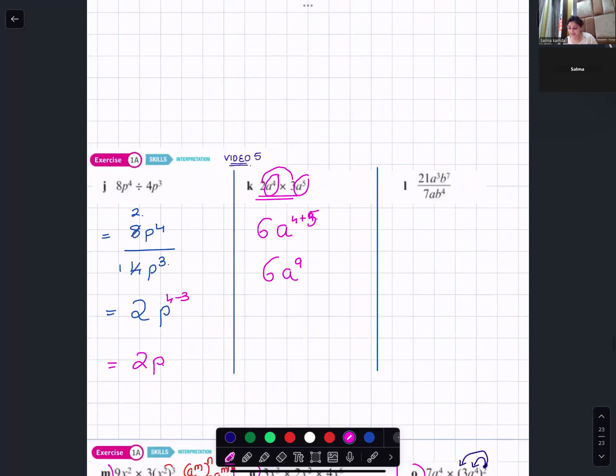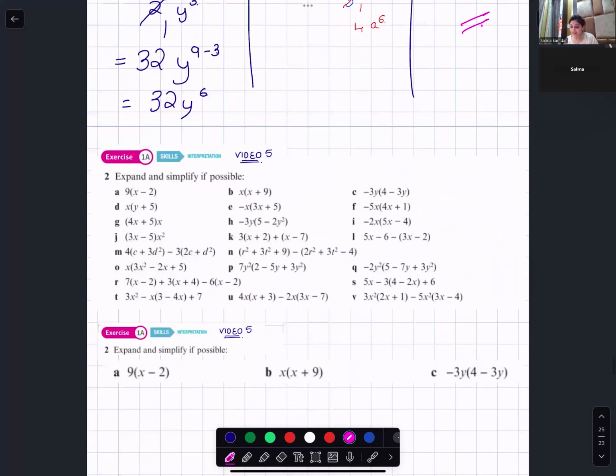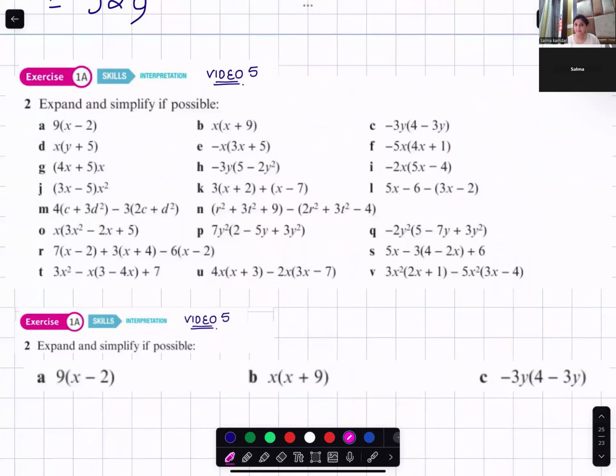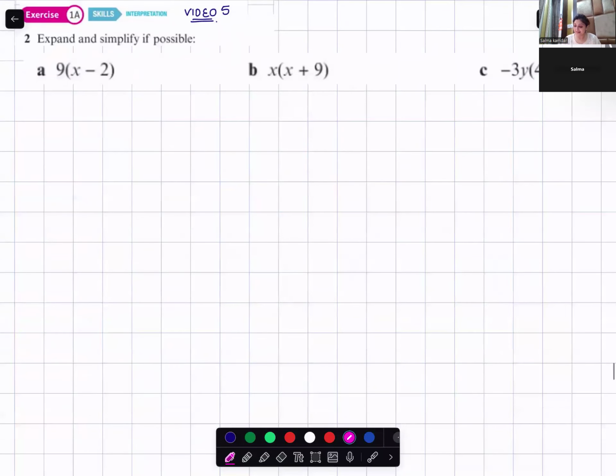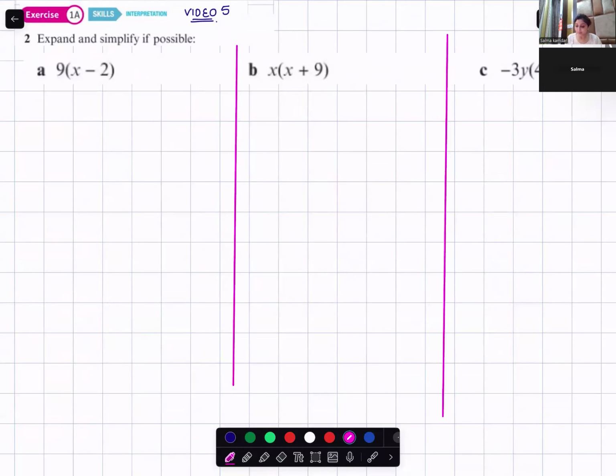Now we will do exercise 1A, where you have to expand and simplify as much as possible. Please remember that when you're expanding the bracket, anything outside the bracket is given to both the variables inside. So this will become 9x minus 18. This can be done in the calculator also. This will become x into x, x square, plus x into 9, 9x.